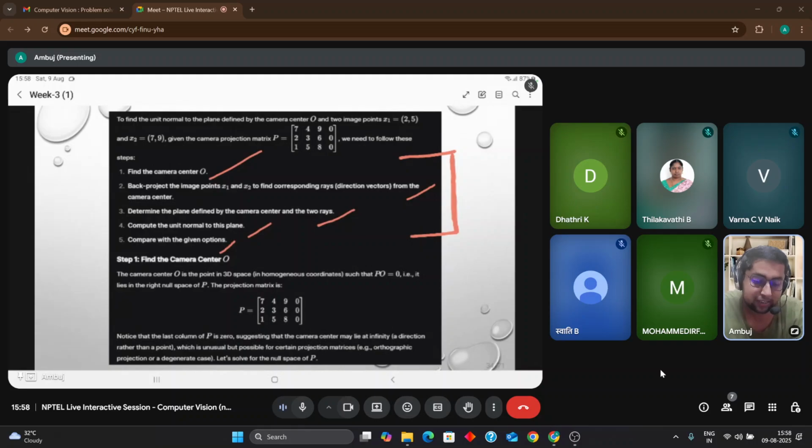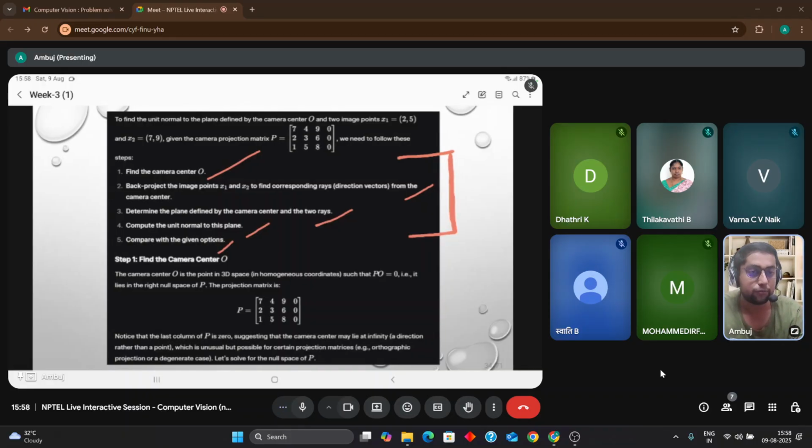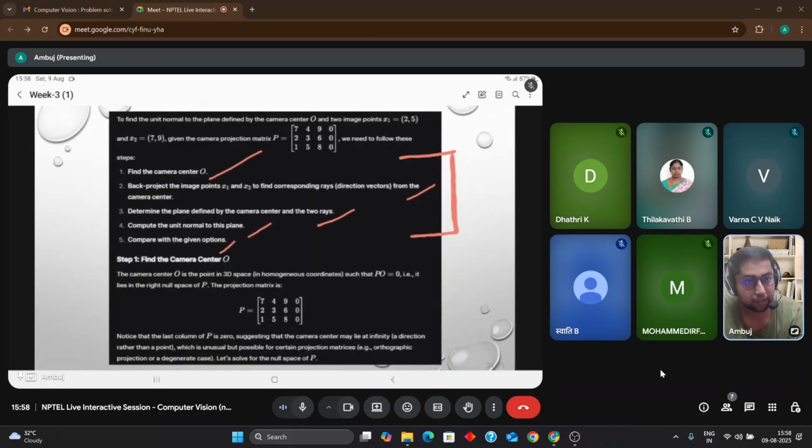Notice the last column of P is 0. It suggests that the camera center may lie at infinity, which is unusual but possible for certain projection matrices, like an orthographic projection, or a degenerate case. Let us first solve for the null space of P.